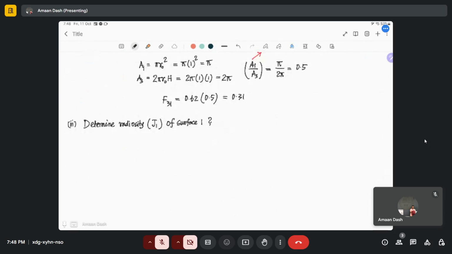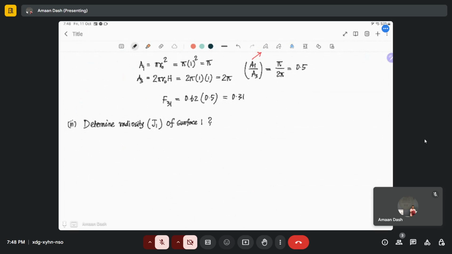So A1 is pi times 1 square, which is nothing but pi, and A3 is 2 pi times 1 times 1, which is 2 pi.